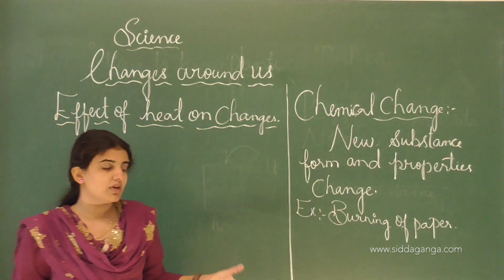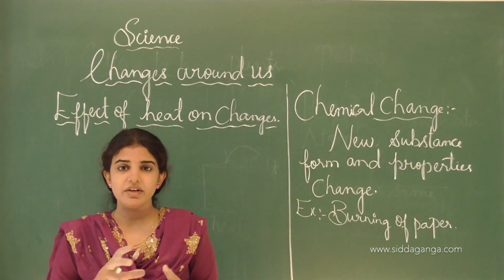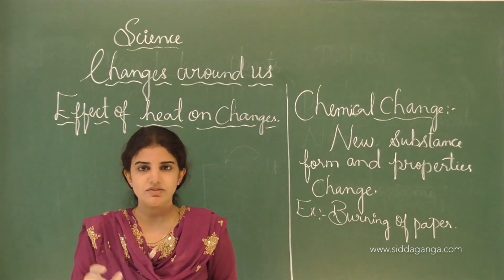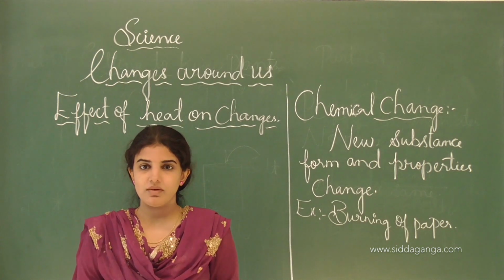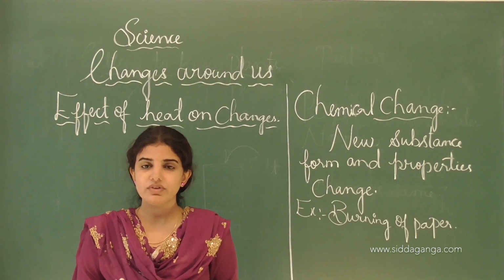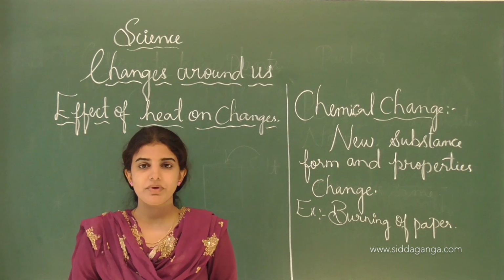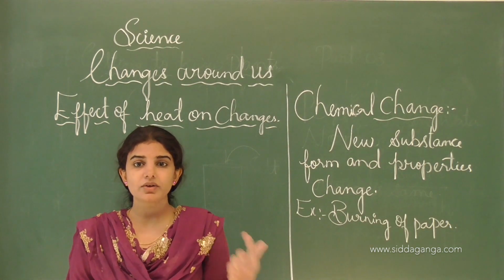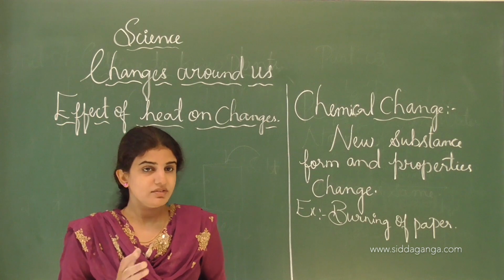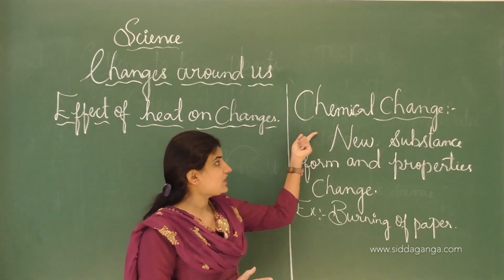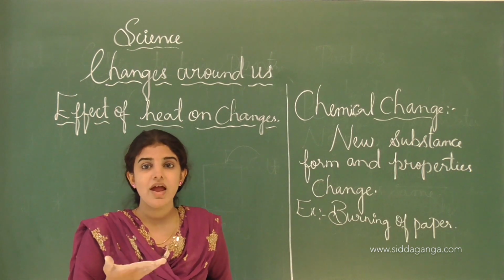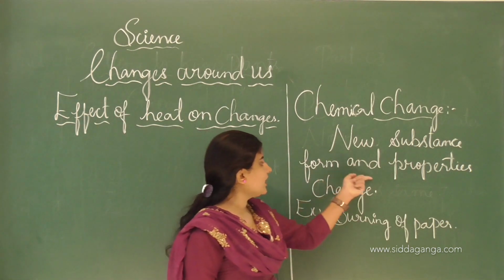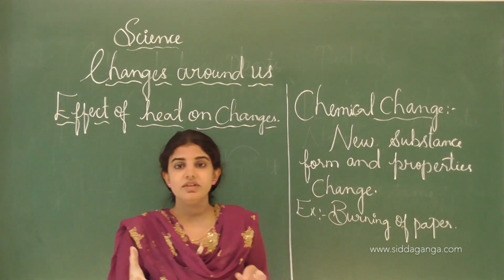See how: first we take the paper, and if we light it up, it will start burning continuously, and later ash is obtained. From the ash we can't go back to the original paper. This is how a chemical change takes place, where the new substance here is the ash, and the properties are changed.